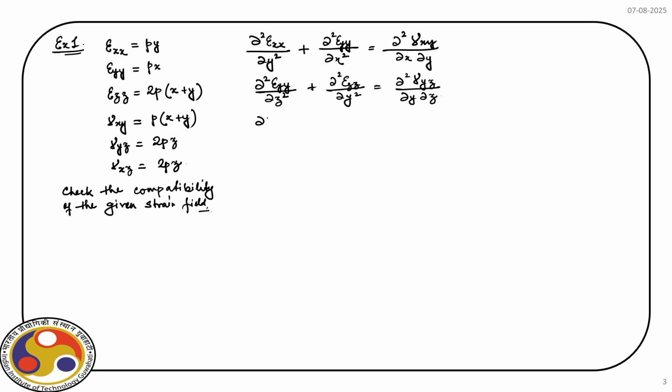Last one is between epsilon zz and epsilon xx with gamma xz. So, these are the first 3 and then we have 3 more.